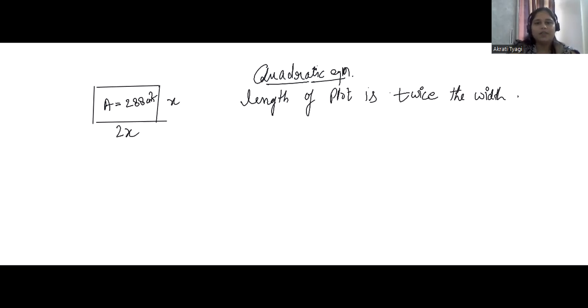We know the area of a rectangular shape is length into width, or length into breadth. Area is given, that is 288. Length we are assuming to be 2x, and width is x, so it would be 2x square.